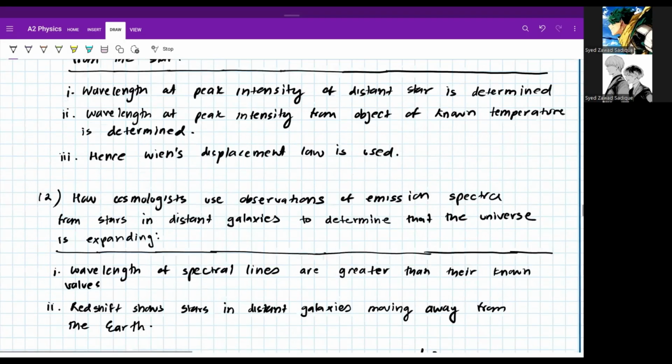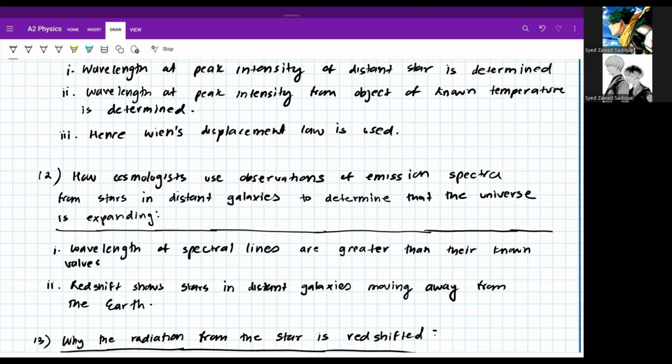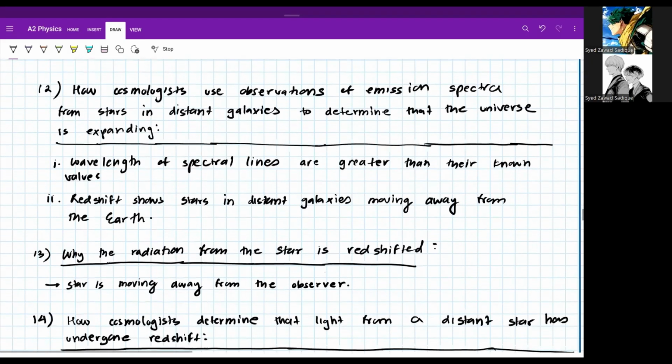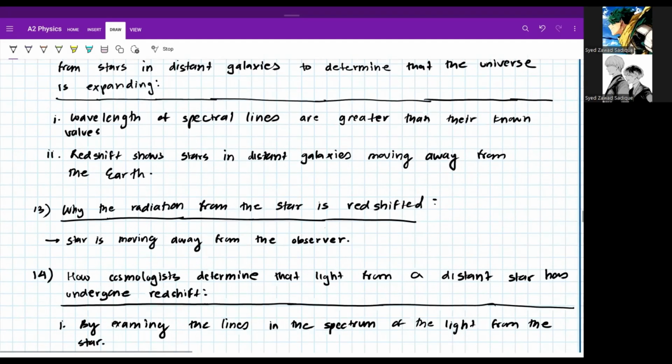And number 12 is how cosmologists use observation of emission spectra from stars in distant galaxies to determine that the universe is expanding. You have to say that wavelength of spectral lines are greater than their known values. Redshift shows stars in distant galaxies moving away from the Earth. Number 13, why the radiation from the star is redshifted.